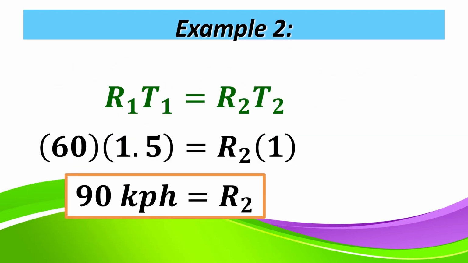Replacing the given, r sub 1 is 60, t sub 1 is 1.5, r sub 2 is missing, t sub 2 is 1. 60 times 1.5 is 90, r sub 2 times 1 is r sub 2, so the answer is 90 kilometers per hour, which is the same as a while ago in our computation.